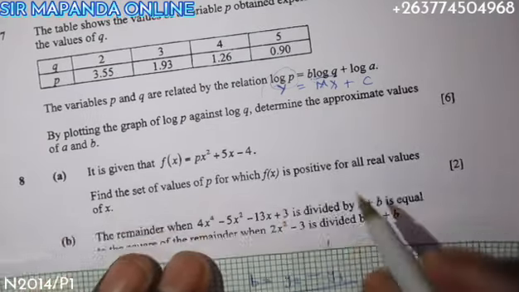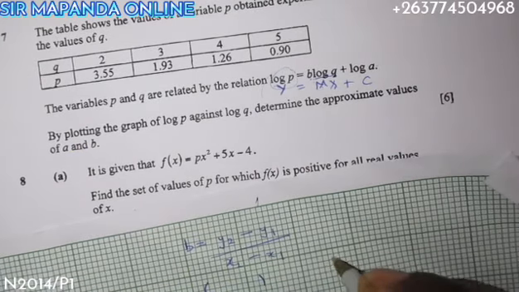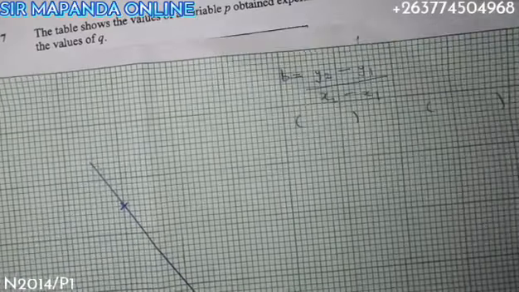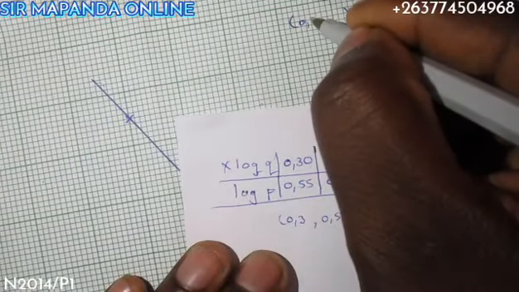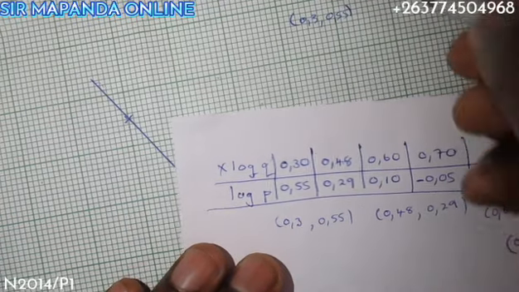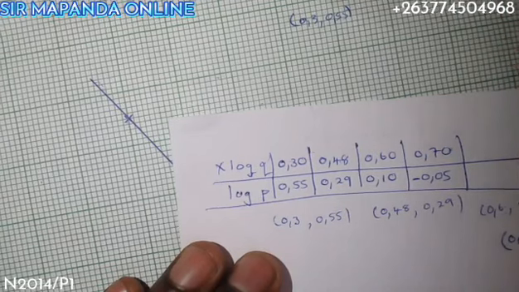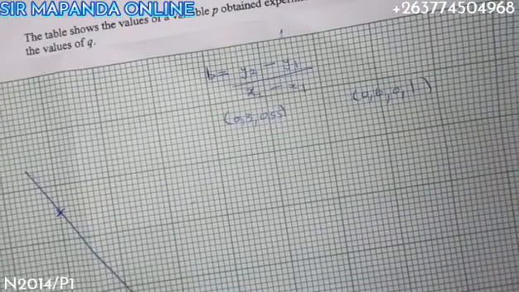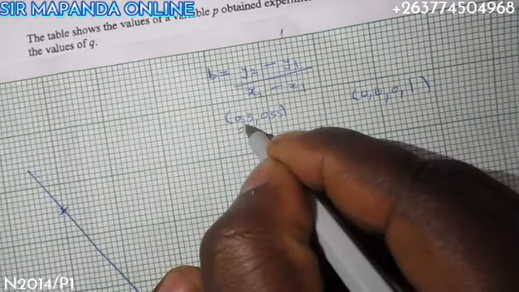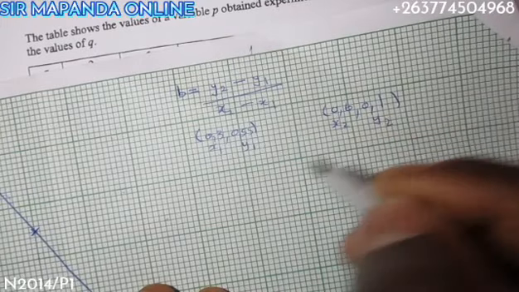So you can choose any 2 points of your choice which are lying on the line that you have drawn. So I'm going to choose 0.3 and 0.55 against 0.6 and 0.1, something like this. Then you substitute into the formula. So this is x1, y1, x2, y2.